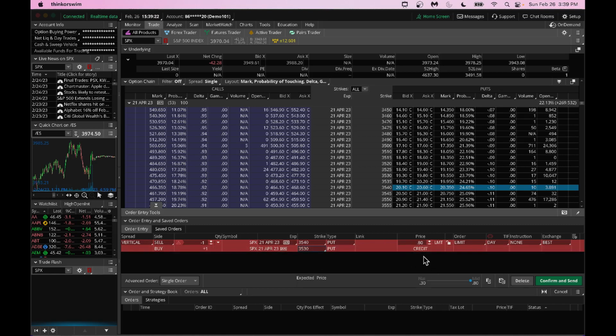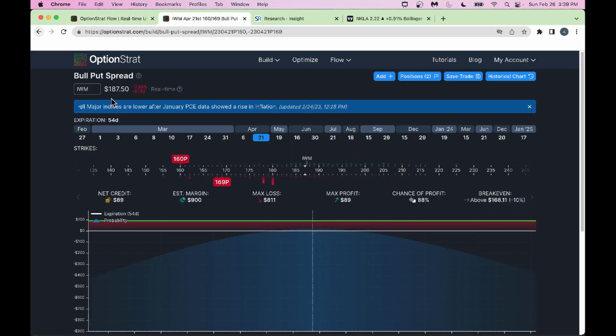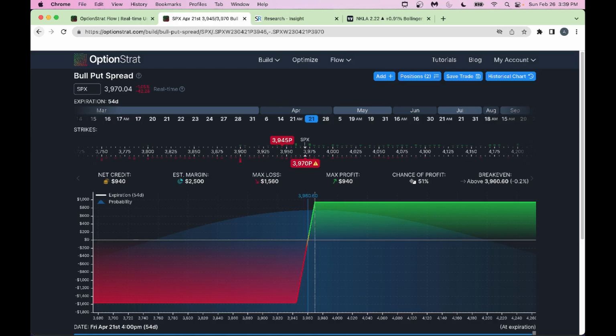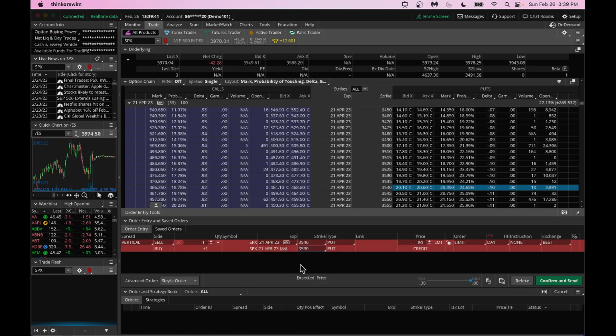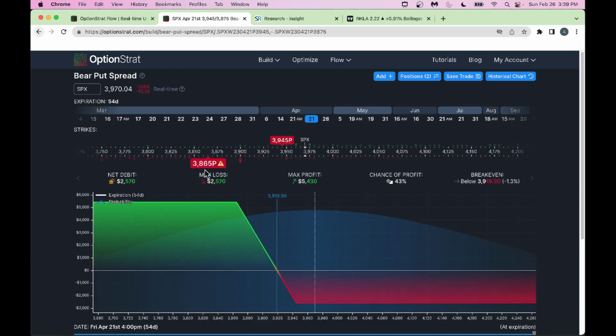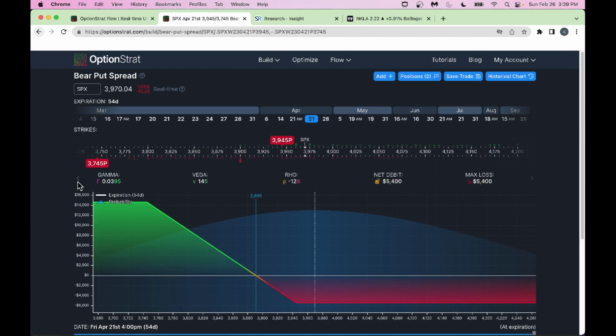And if you want to look at the chance of profit, you can go back to my favorite platform, Optionstrat. You can go back here to Optionstrat and just say SPX. All right, look, we got SPX coming up here, and what we're doing is a 3540 spread here.